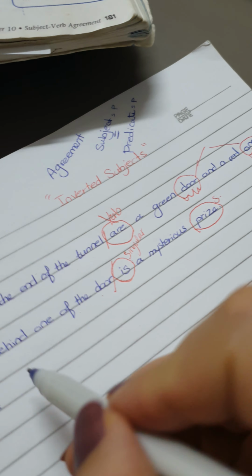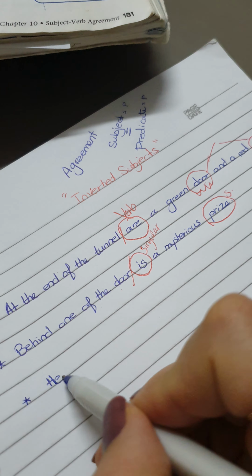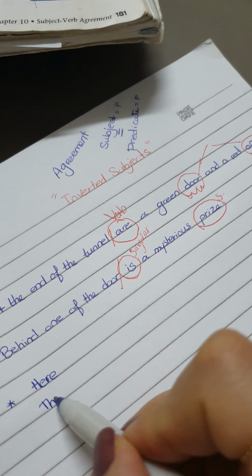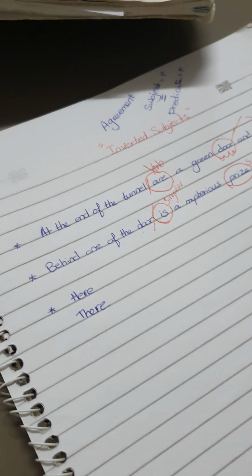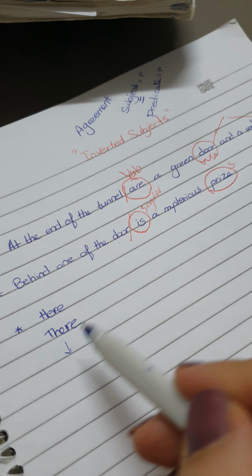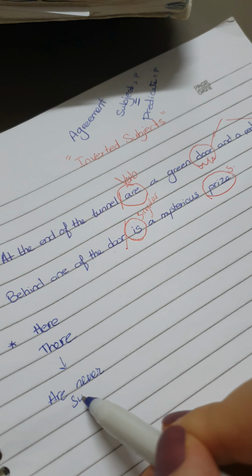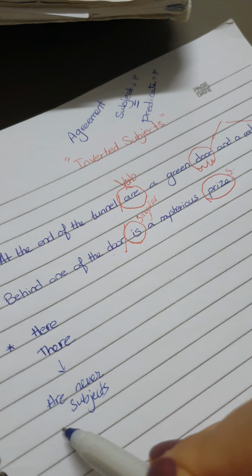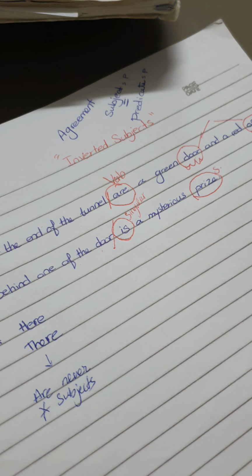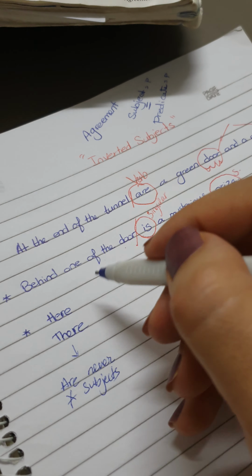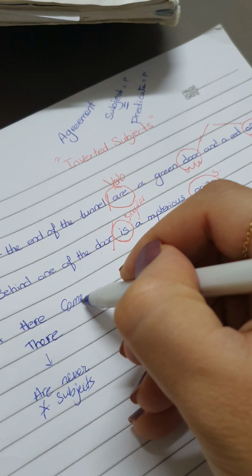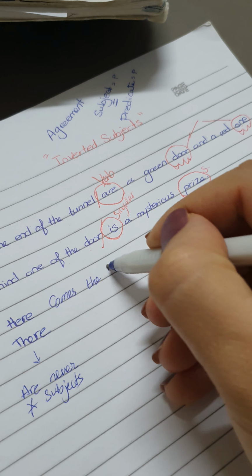You remember when I said to you, if there is a sentence with here or there, it is always inverted, because here and there are never subjects. Never. No subjects. So, here comes the bride.